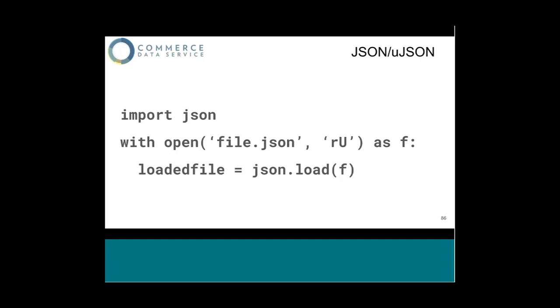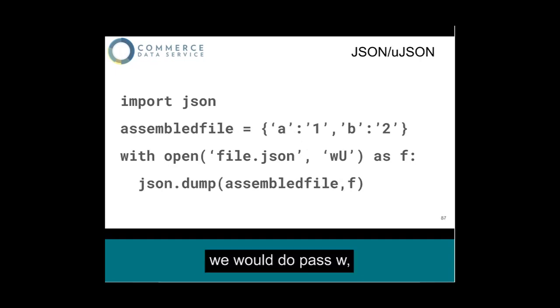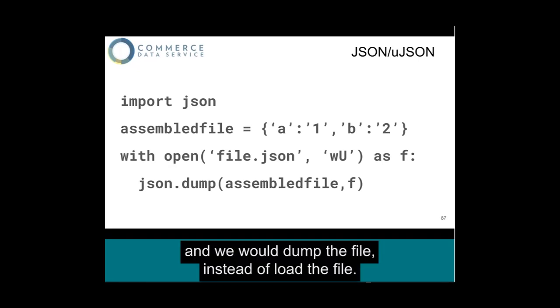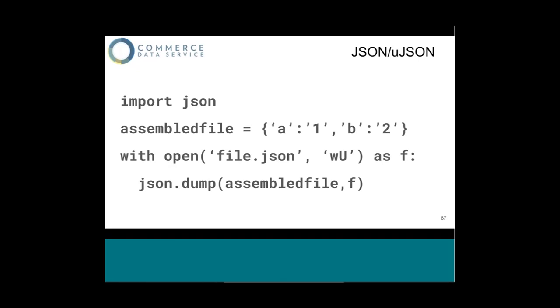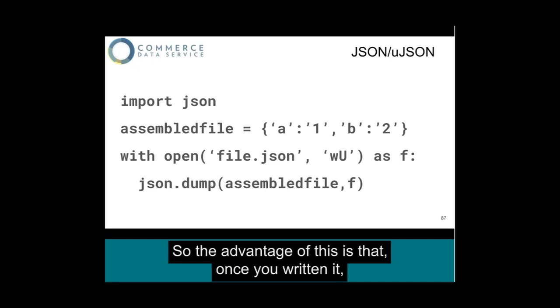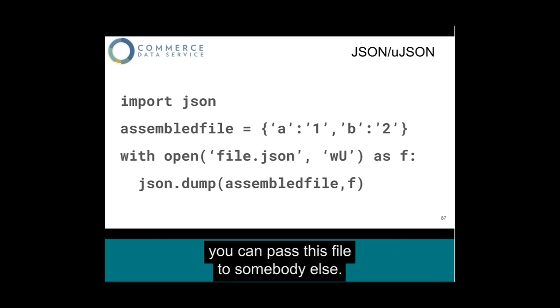So if we were to write it, we would pass W instead of R, and we would dump the file instead of load the file. The advantage to this is that once you've written it, you can pass this file to somebody else.